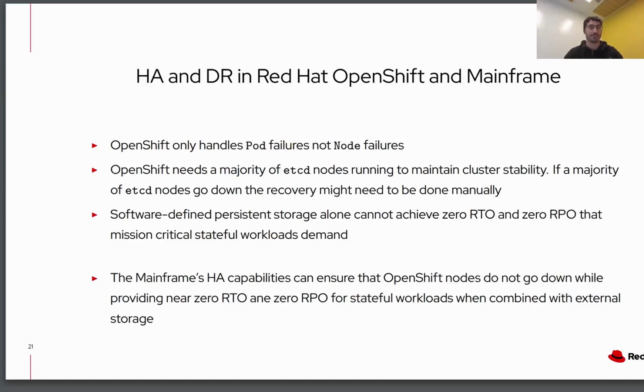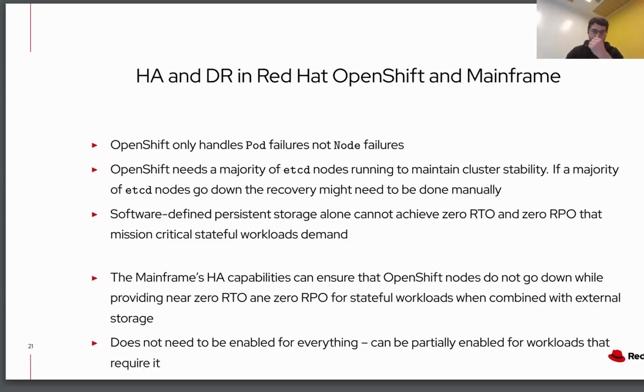So effectively, that guarantees you always have nodes available, all the etcds up and running, and the storage with RPO0, RTO0, and then from there you can leverage Kubernetes to also ensure that all your applications on top of that are properly running.